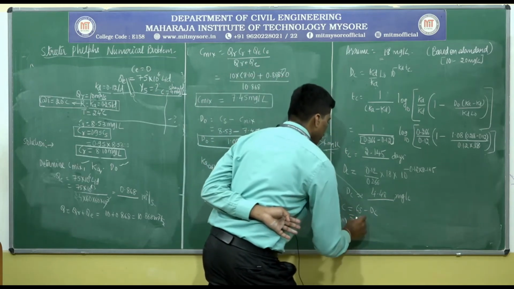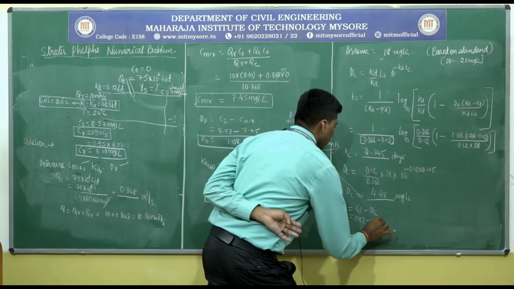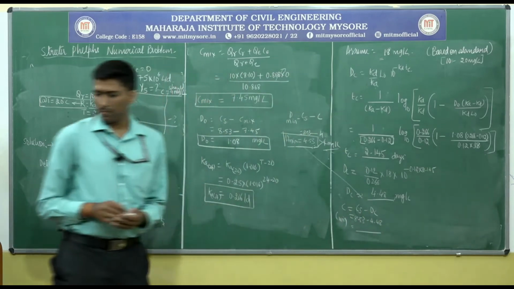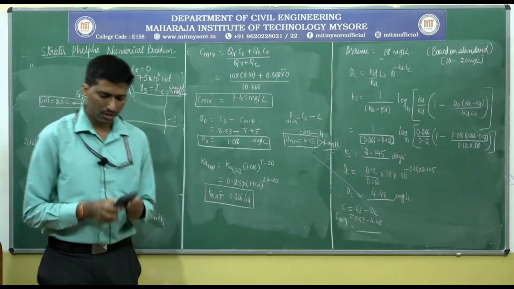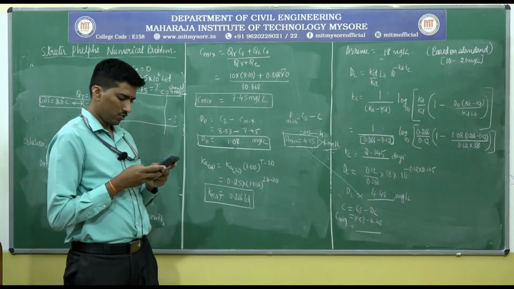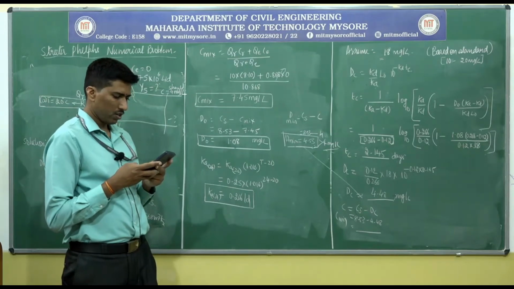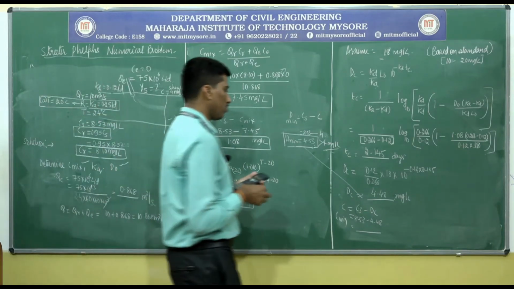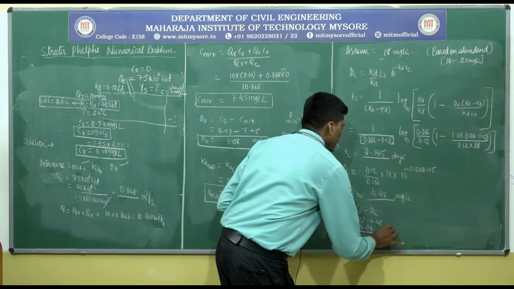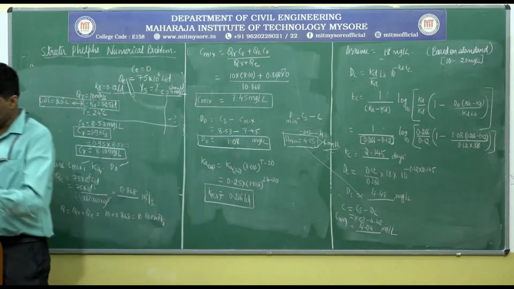Now Cs is how much? 8.53 minus 4.48. How much you are going to get? So 4.04 you are going to get. 4.04 mg per liter. That is the deficit that is taking place.